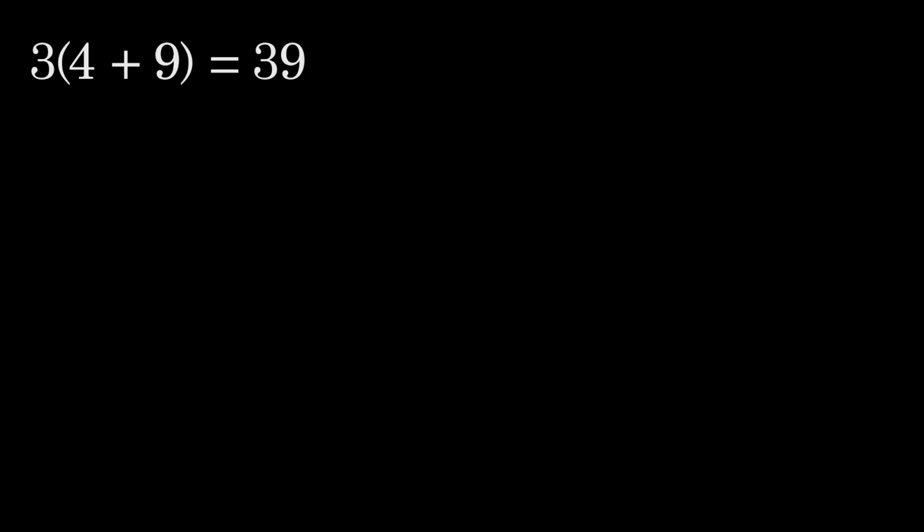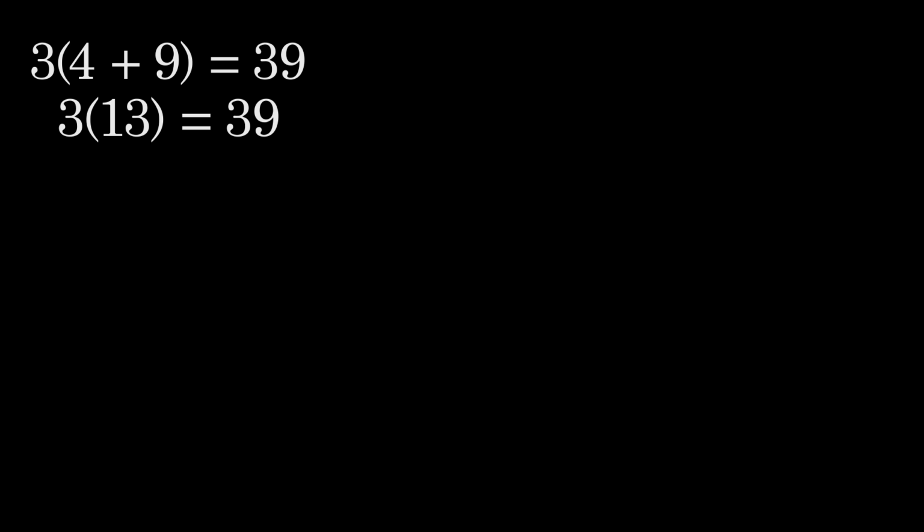So how does this give us the ability to treat parentheses as multiplication? Because we can make a simple observation. When we look at 3(4 + 9), there's nothing forbidding us from adding 4 plus 9 together before we do anything else. And we can see that 4 plus 9 sum together to give us 13. Now, because we know that the entire equation before we sum 4 plus 9 is equal to 39, this means that we are now left with the following equation. 3(13) = 39.